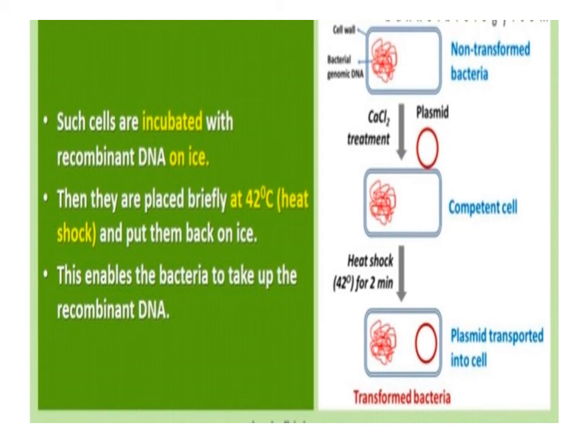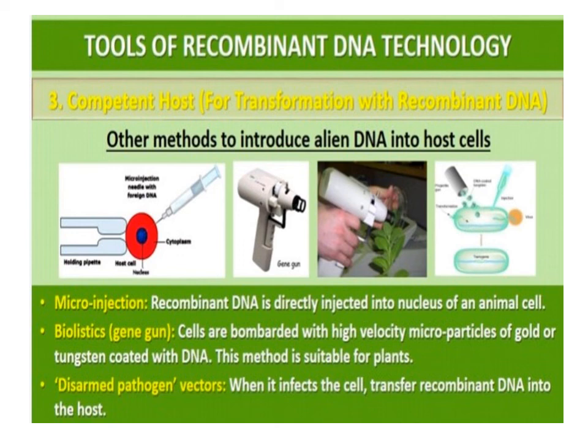Vector for cloning genes in plants and animals. Genetic tools of some pathogens are transformed into useful vectors for delivering genes to plants and animals. Example, Agrobacterium tumefaciens is a bacterium that infects a number of dicot plants and is able to deliver a piece of DNA known as T-DNA, which transforms normal plant cells into tumor cells.